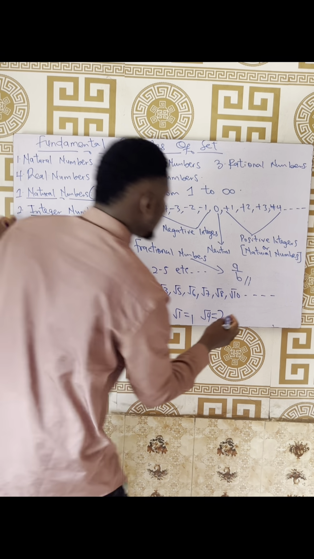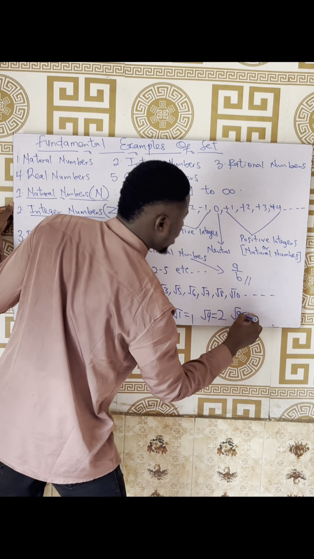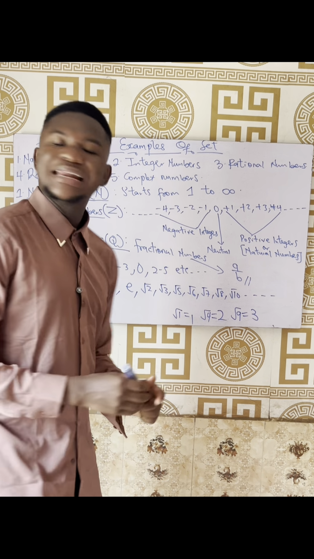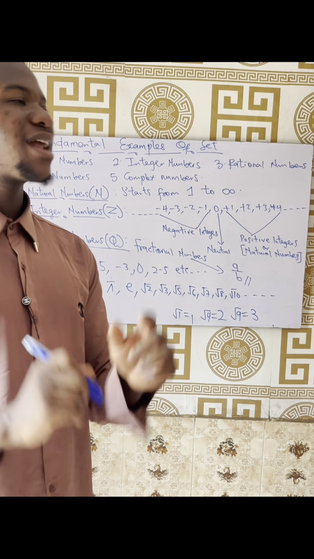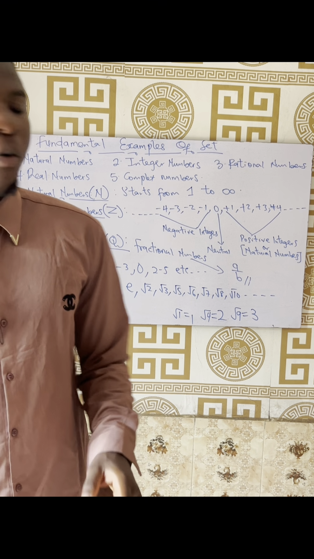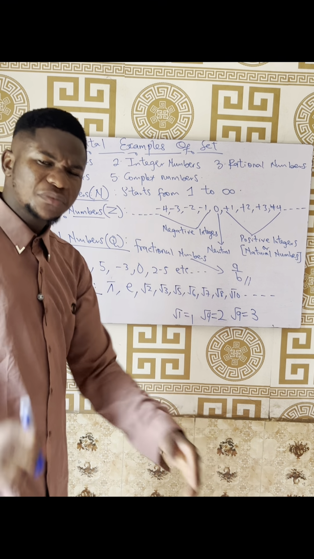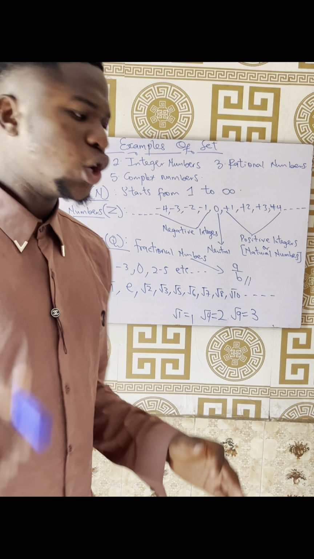But if I press root 9, I'm going to get 3. So root 9, root 4, root 1 are not irrational numbers, but root 2, root 3, root 5, root 6, root 7, root 8 to root 10 are irrational numbers.